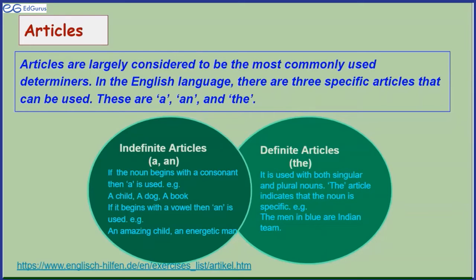So we have such words. Words which begin with a consonant and have a consonant sound take a, and words which begin with vowels, and also words beginning with consonants but having a vowel sound, take an. Now, why are a and an called indefinite articles? Because they do not specify.